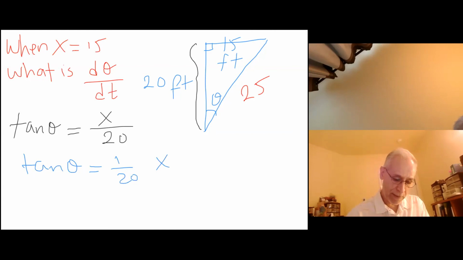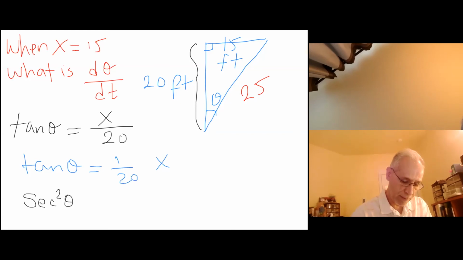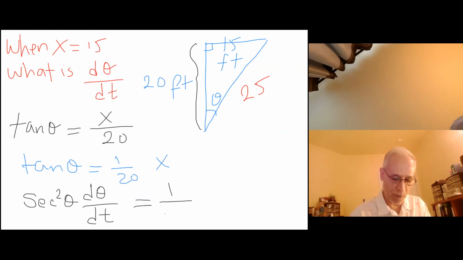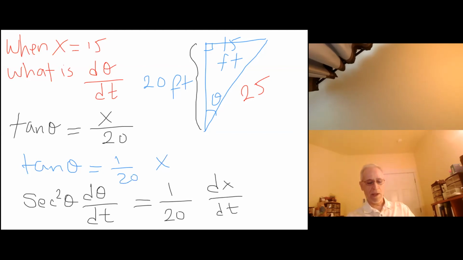What is the derivative of the left-hand side in relation with time? I get secant squared of theta d theta/dt equals 1/20th dx/dt. And now I have to divide both sides by secant squared of theta. I don't like that, so I'm going to rewrite the secant squared.